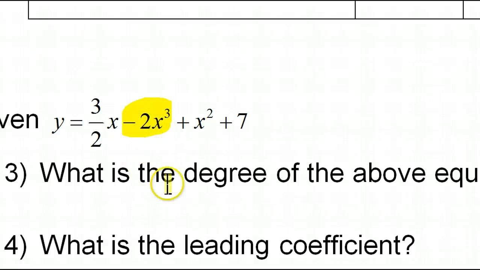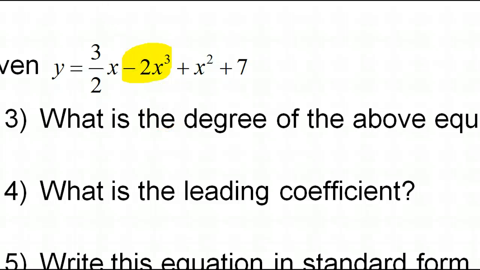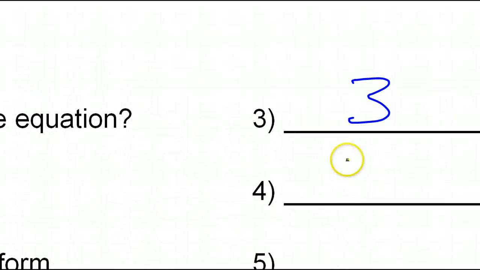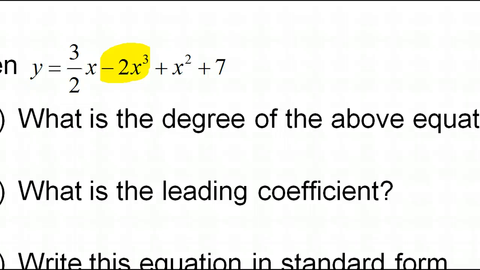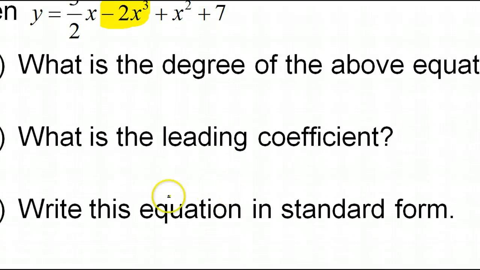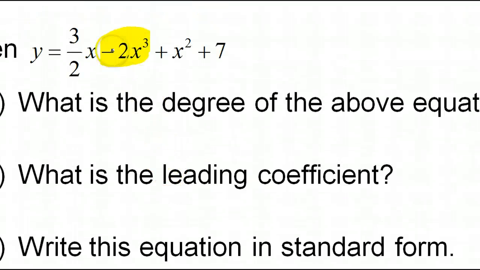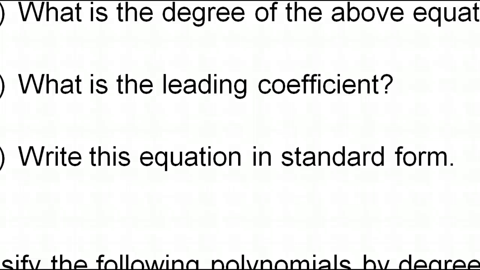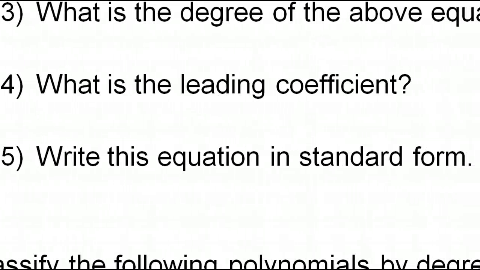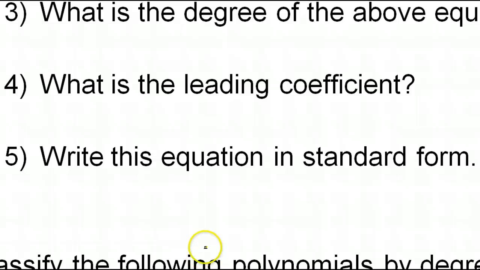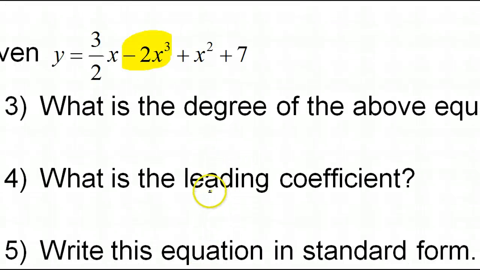Even though it's not in the front right now because it's not in standard form, the -2 is still the leading coefficient no matter what. So the leading coefficient is -2. And when we put it in standard form, the leading coefficient will be in front. So I hope no one's putting 3/2 as the leading coefficient. Most students find it easier to go ahead and write the equation in standard form first, and then the leading coefficient is obvious.